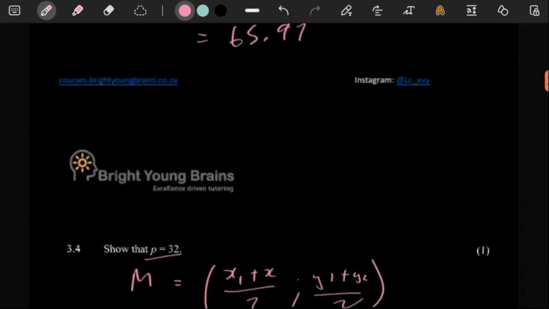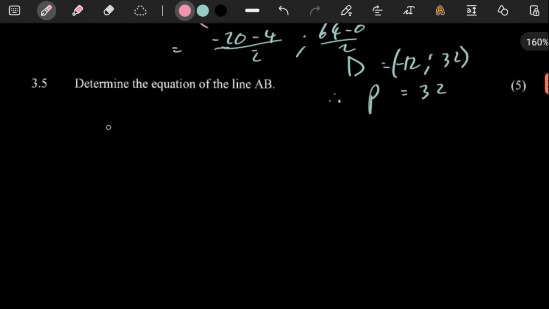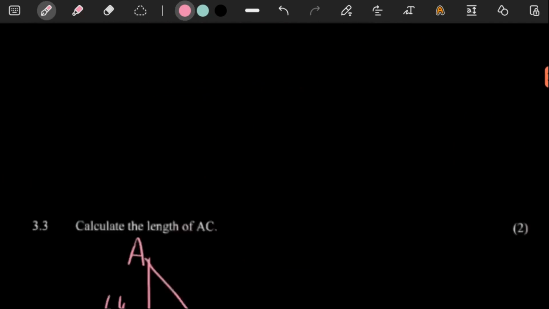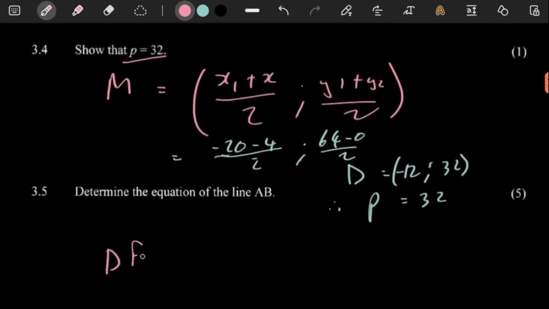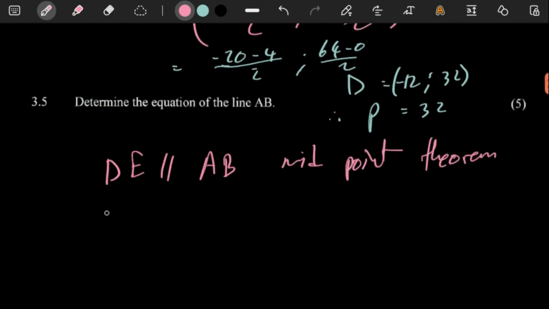Two things come out from your theorem. So firstly, we state that DE is parallel to AB. The reason is the midpoint theorem.